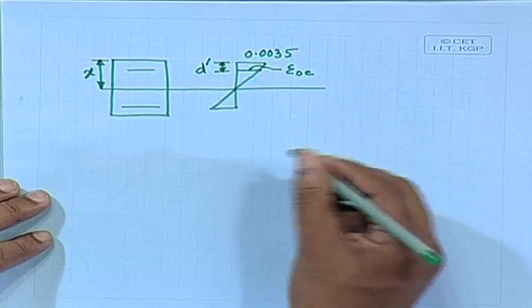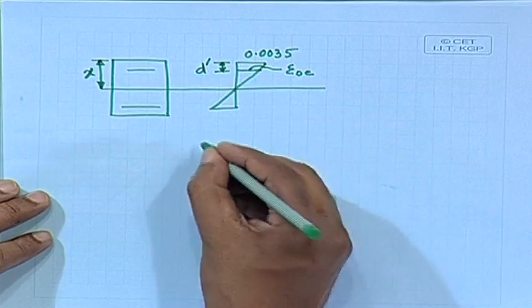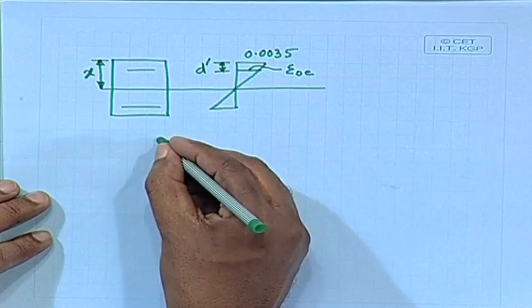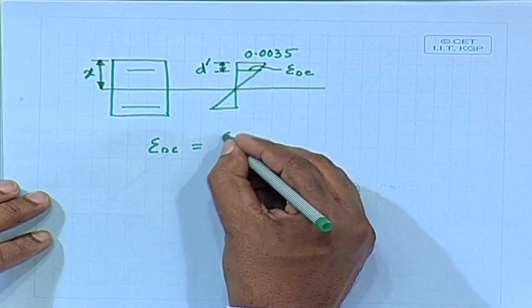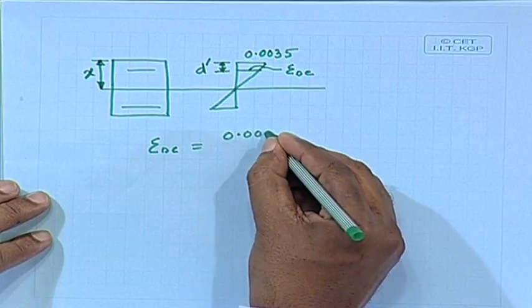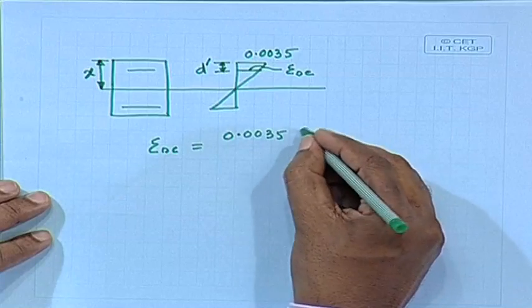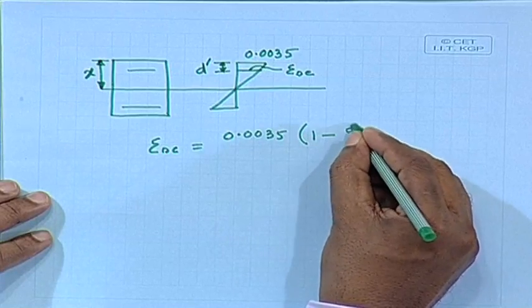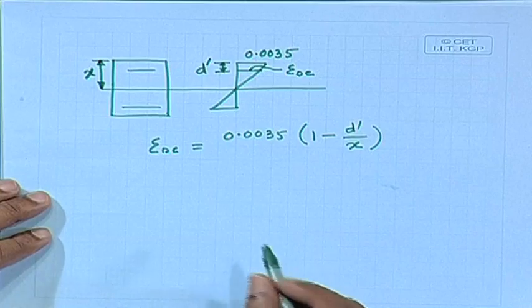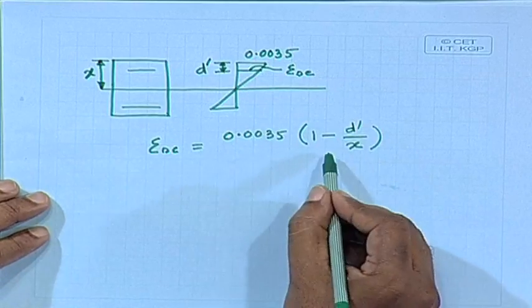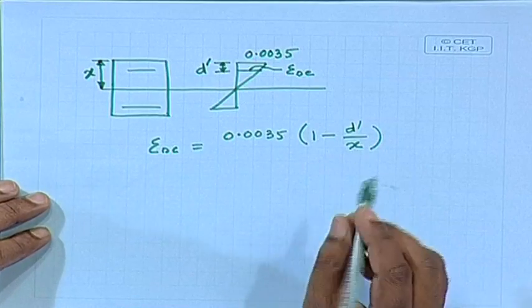What about epsilon SC? Epsilon SC will be equal to 0.0035 times 1 minus d dash by x.